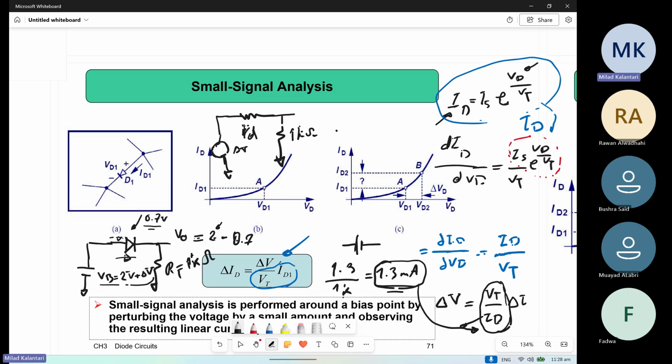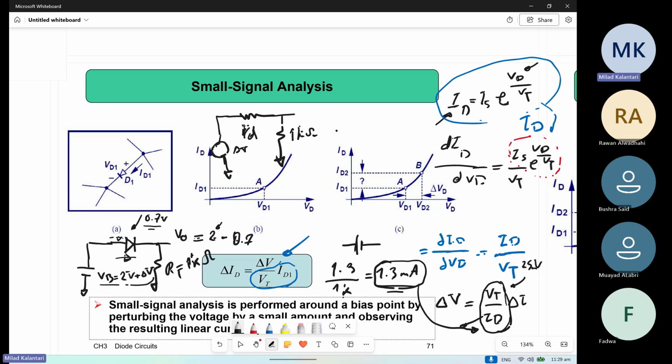And then the VT is almost fixed, 25 millivolt at room temperature, then you can find the value of the resistance. 25 millivolt divided by 1.3 milliamp is something around 20 ohm.